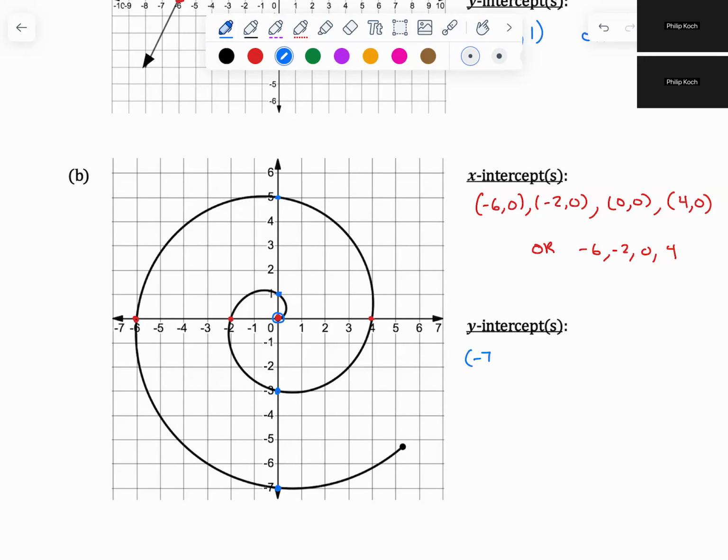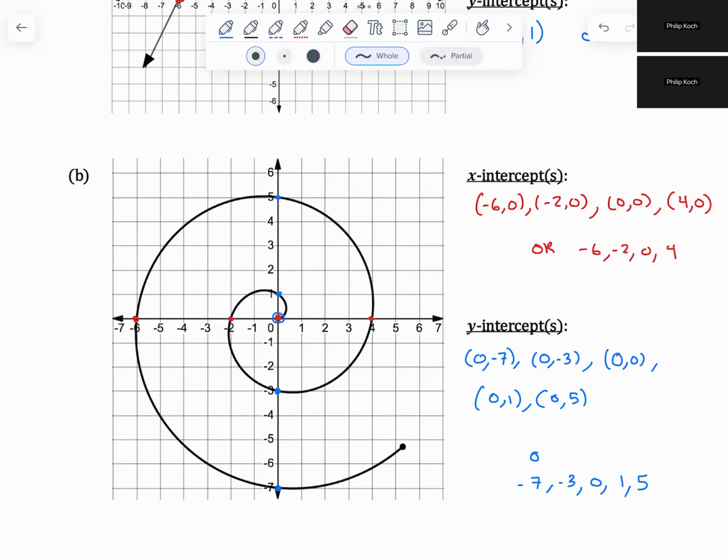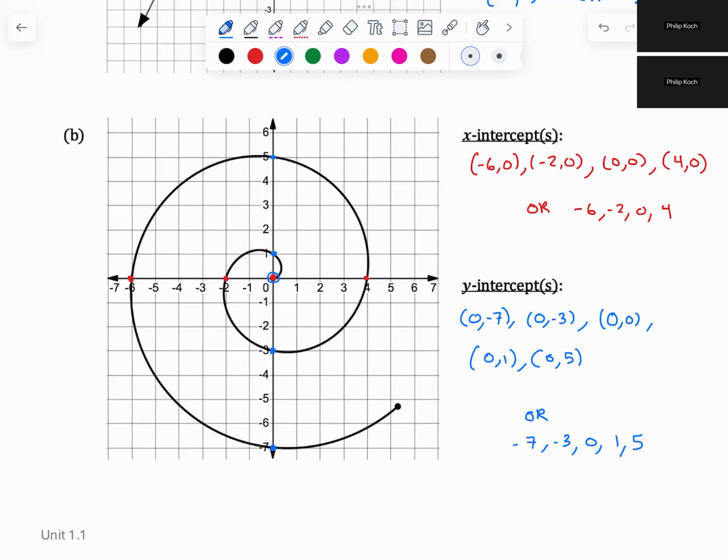So 0 comma -7, 0 comma -3, 0 comma 0, 0 comma 1, and 0 comma 5, or you could write it as -7, -3, 0, 1, and 5. Whichever way works. Finding them graphically is fun. It's fun stuff.